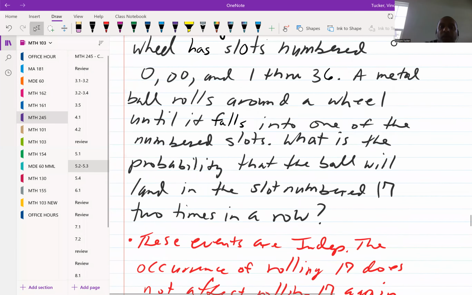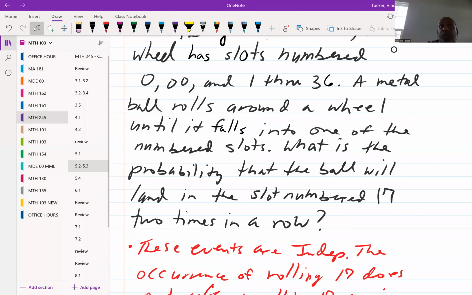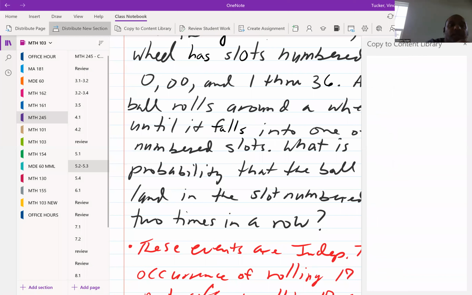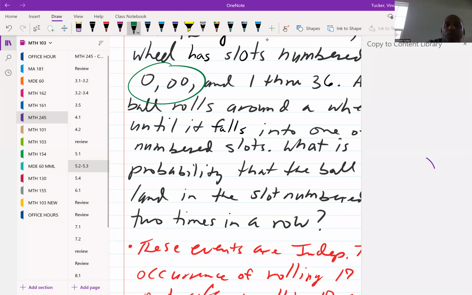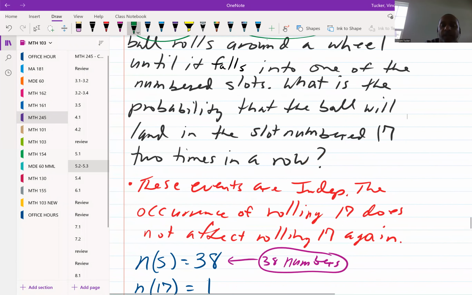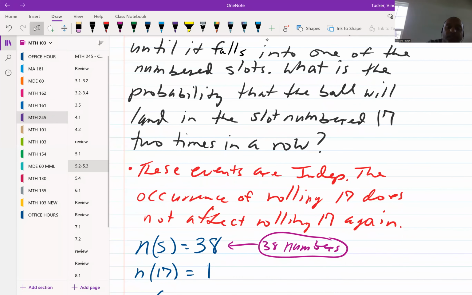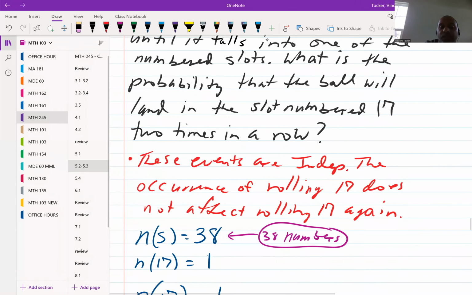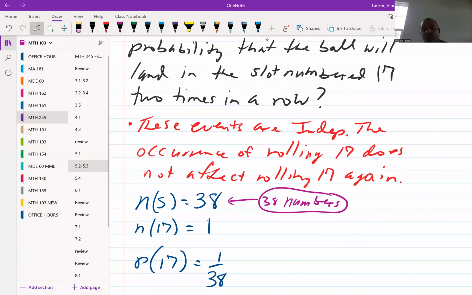So remember whenever we're trying to do a probability, we need our sample space. Our sample space is 0, 00, and then 1 through 36. So we have 38 numbers to pull from. 17 only appears once. There's only one 17 on the wheel. So the probability of getting a 17 is 1 out of 38.